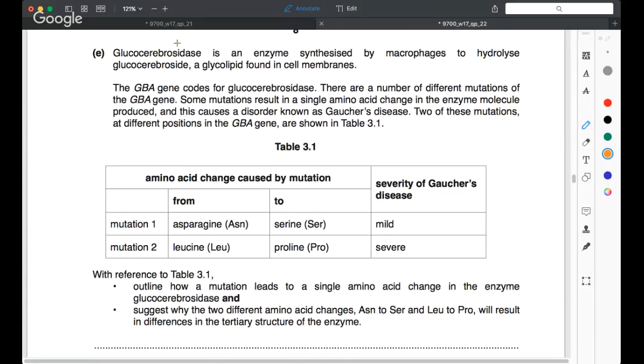And then suggest why the two different amino acid changes result in differences of the tertiary structure.